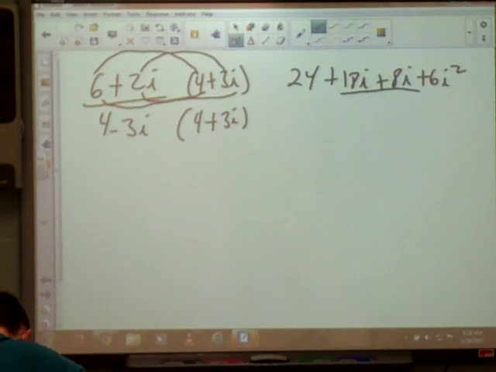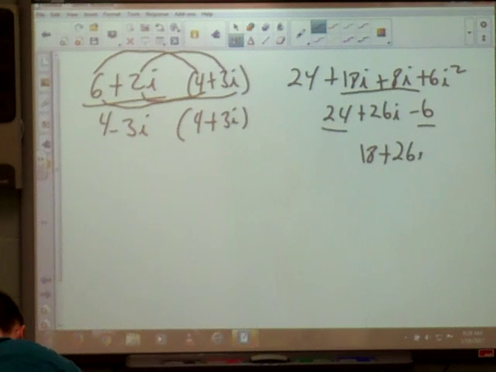So 18i and 8i, that's 26i. i squared makes that a negative 1, so times 6 is negative 6. 24 minus 6 is 18. So this is my numerator. Hold on to that, I'll put it in a dotted box. Maybe I won't lose it.